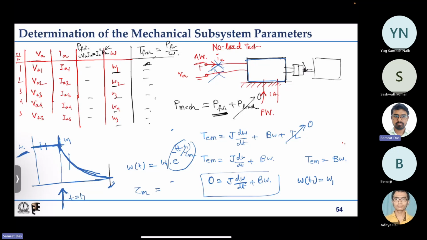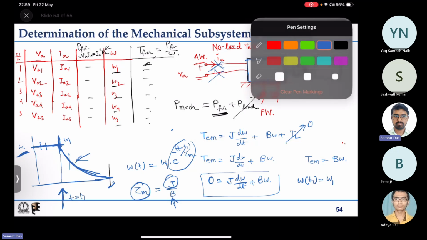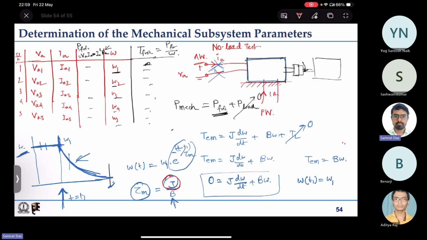And the mechanical time constant is nothing but J by B. You already know B from the no load tests. So you know tau m from this deceleration test, and you can calculate the polar moment of inertia for this motor. So you have all the parameters of the motor.